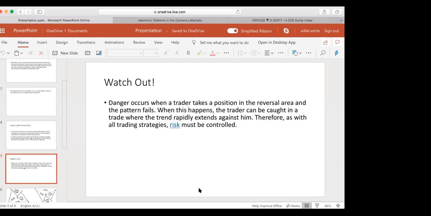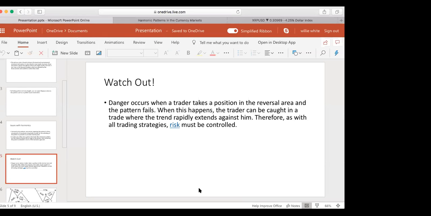So when you draw up these patterns, that's why I tell you it doesn't have to be perfect, but it has to be to the point where it looks or nearly looks as good as a defined harmonic pattern. Because sometimes you think, okay, this is a harmonic pattern, I got this, this is a bat, this is a crab pattern, Gartley pattern. And then you draw it up, and then it does the opposite.